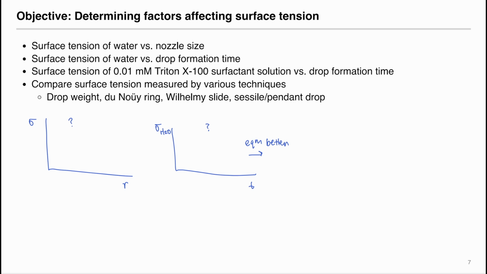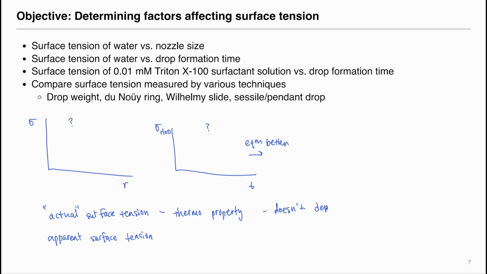Let's write that down. So the actual surface tension and the apparent surface tension. The actual surface tension is the thermodynamic property and does not depend on measurement method.